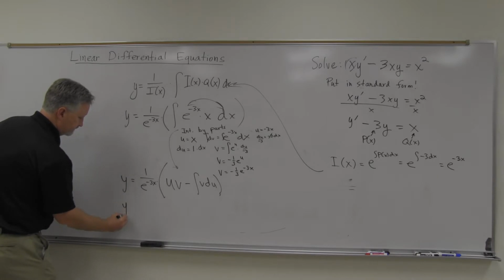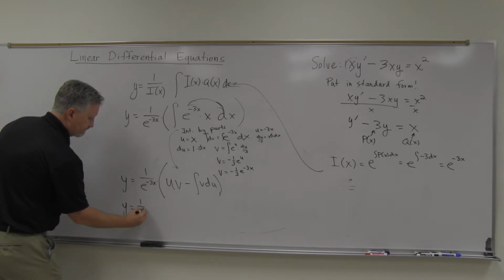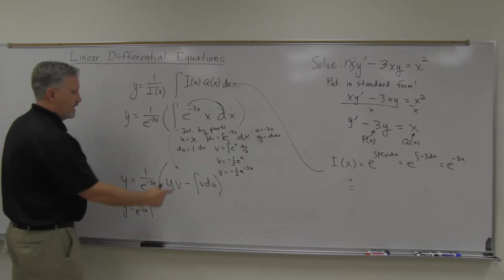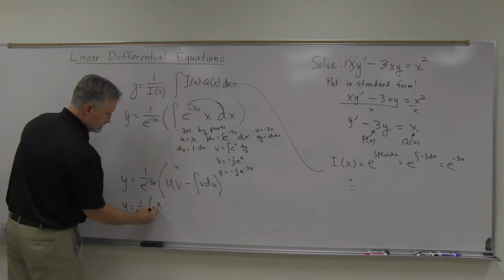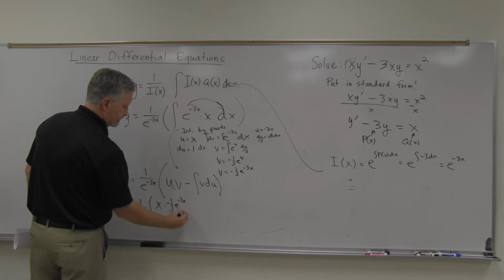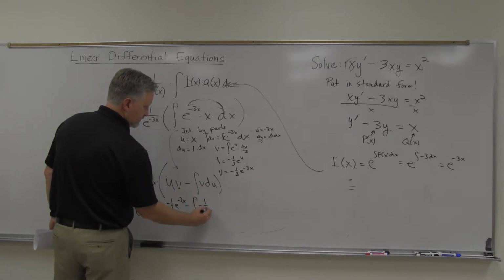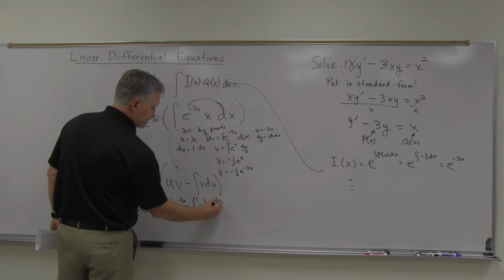So let's see what we've got. u is x. v is negative 1/3 e to the minus 3x, minus the integral of v, so again negative 1/3 e to the minus 3x, du.